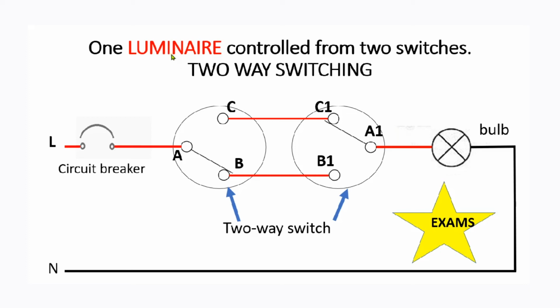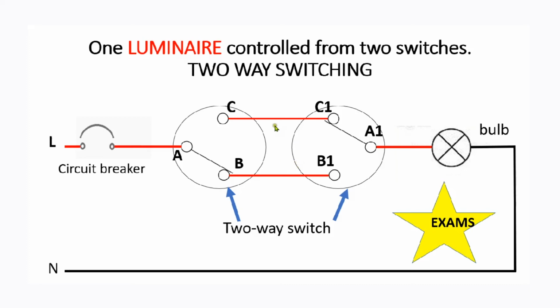Luminaire, another name for it is bulb. So if I took out the word luminaire and put the word bulb in here, it will read one bulb controlled from two switches. We commonly refer to this type of connection as two-way switching. Okay, two-way switching. You need to know how to draw this diagram for your exam.